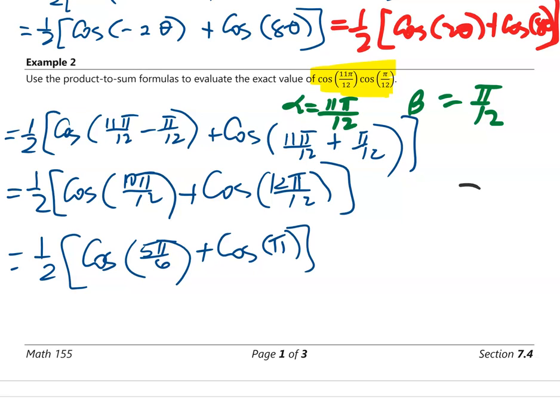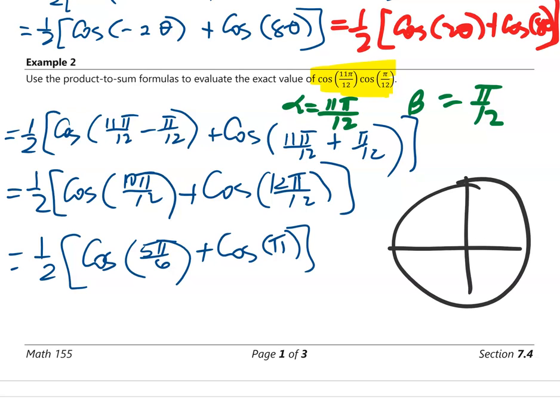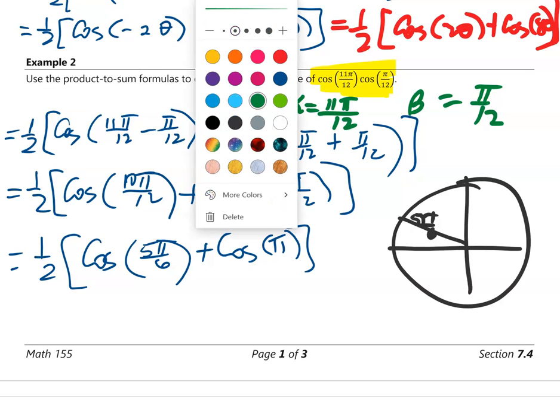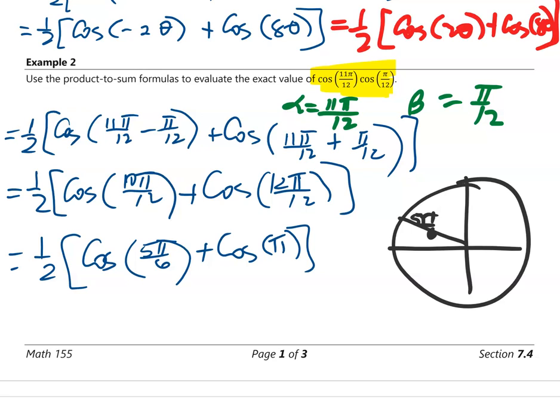Cosine 5 pi over 6, we know that 5 pi over 6 is in the second quadrant, with coordinates negative square root of 3 over 2 and 1/2.